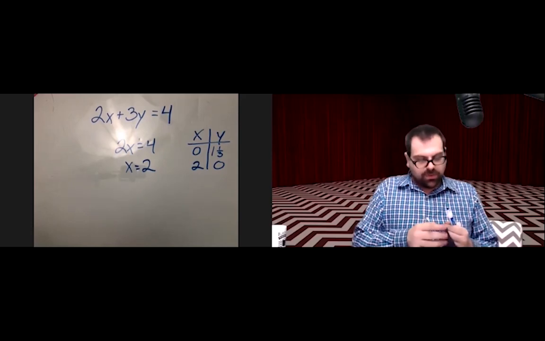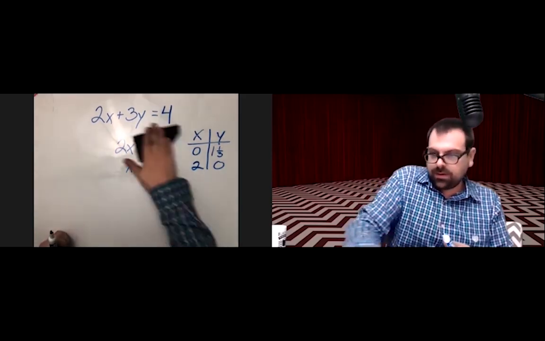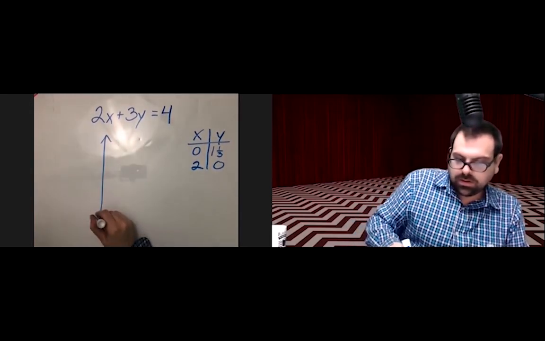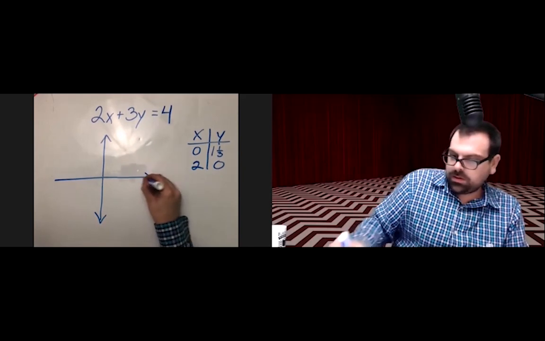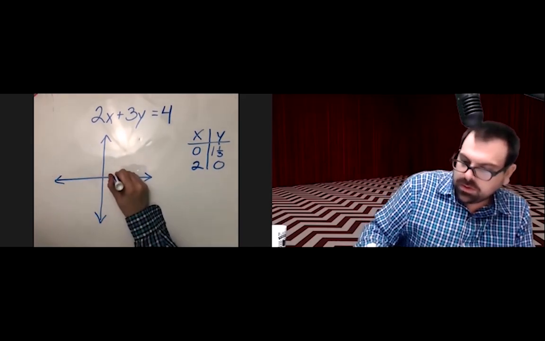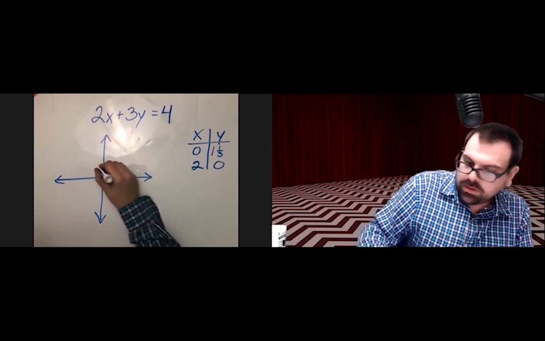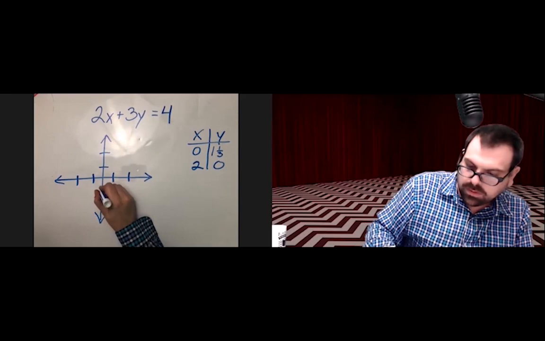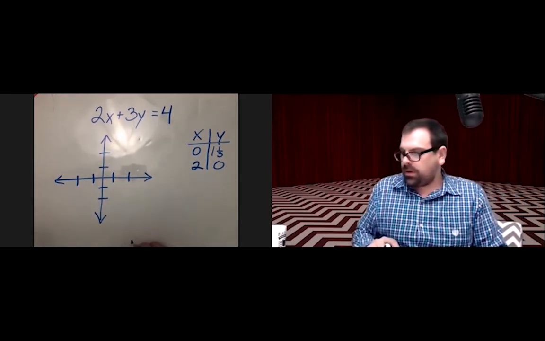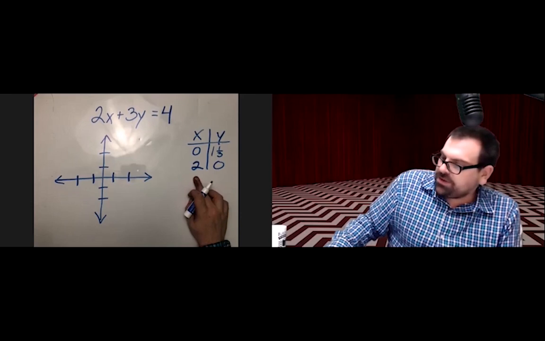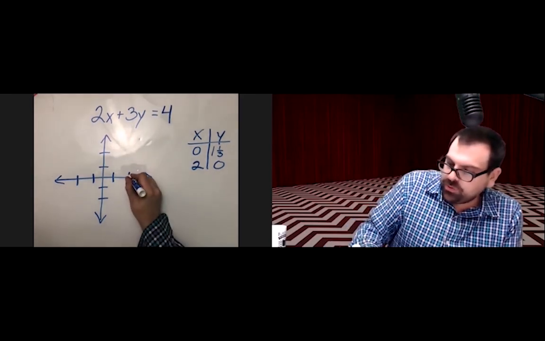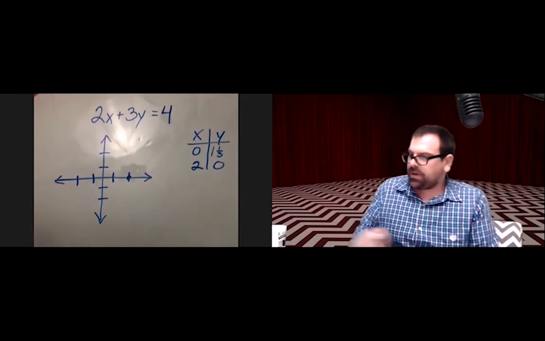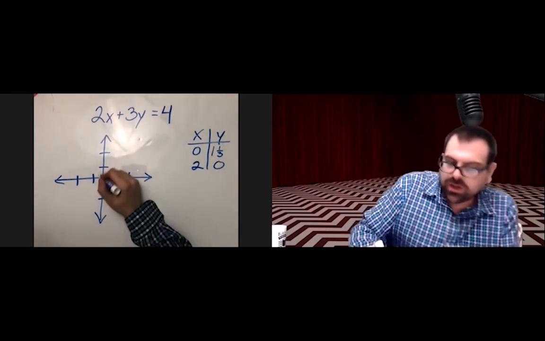If I were to graph these points, I'm going to do the one without the fraction first. X is 2 and y is 0. That's an x-intercept. When x is 0, y is 1 1/3.